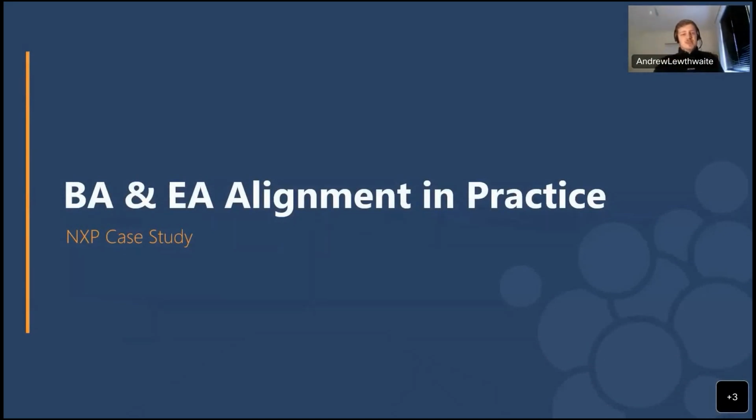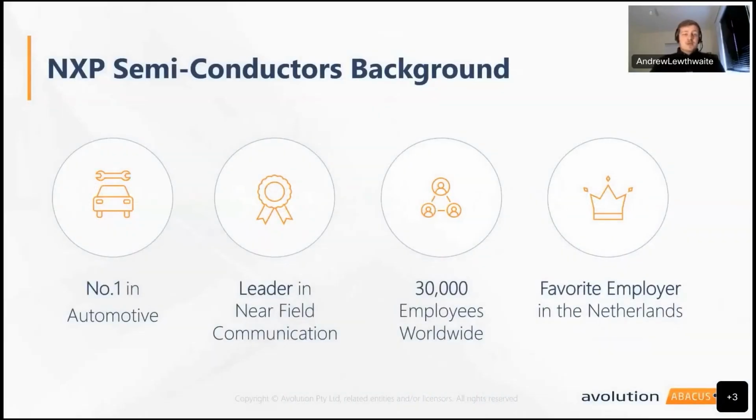So this case study is on a customer called NXP. And really what they've done is they've leveraged Abacus to model information, application, technology, and business aspects within their organization. For those of you who aren't familiar with NXP, they are a semiconductor manufacturer based over in the Netherlands. So they produce what's classified as integrated circuits, which is what everyone has in their pocket right now in their phone.